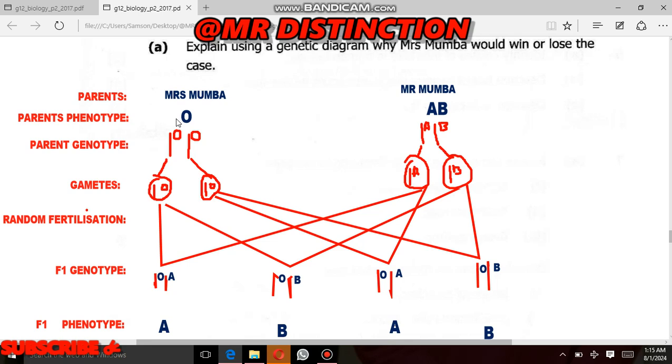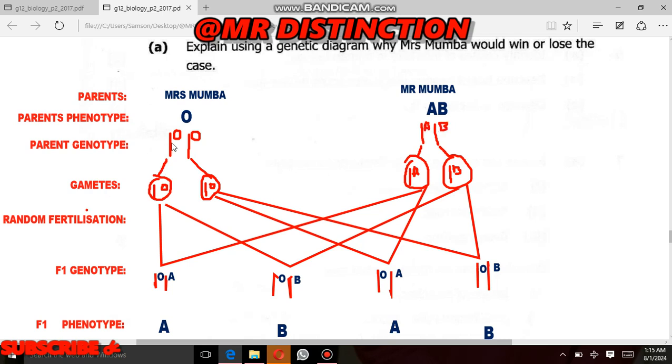You need to know how to write the genotype of each blood group. For blood group O, you write two I's, then the O's on top. For blood group AB, you write two I's, then an A over here, then a B over there.